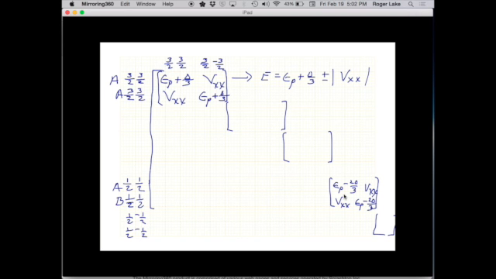Okay, so the only difference is before we had spin-orbit coupling, we just had EP plus or minus VXX. That's what we had without spin-orbit coupling. And now we have this, the valence band is shifted up by delta over 3.